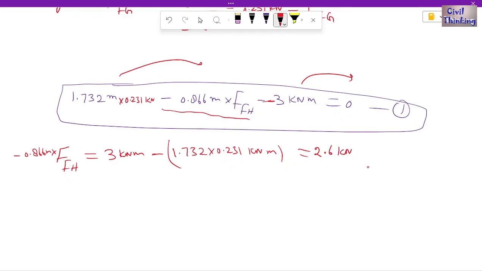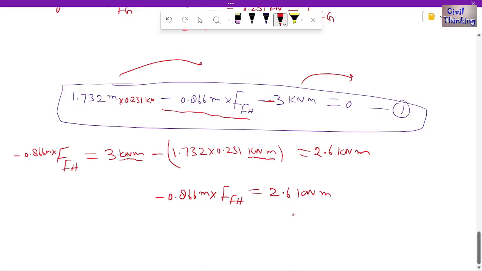Okay, now we have minus 0.866 multiplied by FFH is equal to this, right? It is like this, minus 0.866, this is kilonewton meter, right? Because the units are kilonewton meter, right? So minus 0.866 meter multiplied by force in FH is equal to 2.6 kilonewton meter, right?